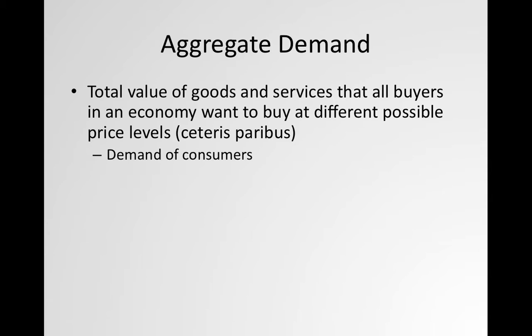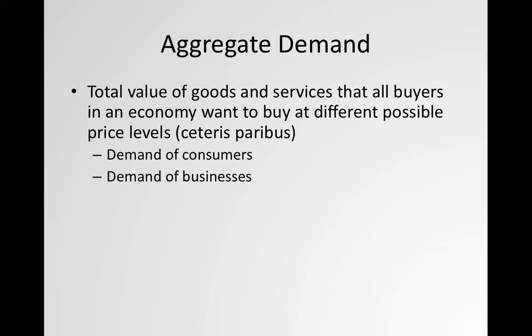Consumers are a major chunk of that demand curve. Consumers buy cars and houses and everything. So what is aggregate demand made up of? It's made up from the demand of consumers. It's also made up from the demand of businesses.